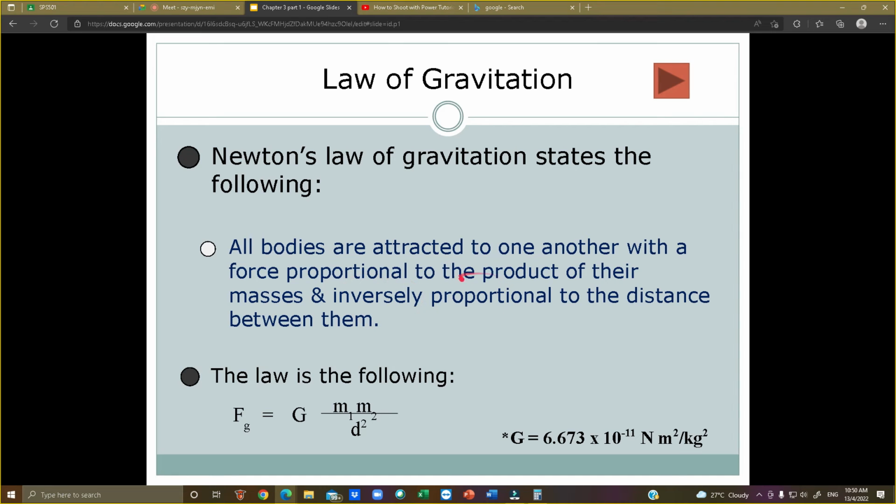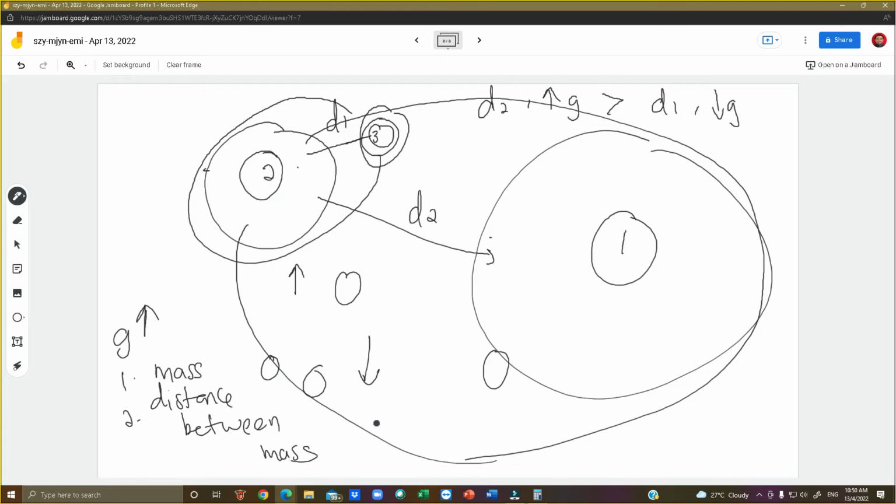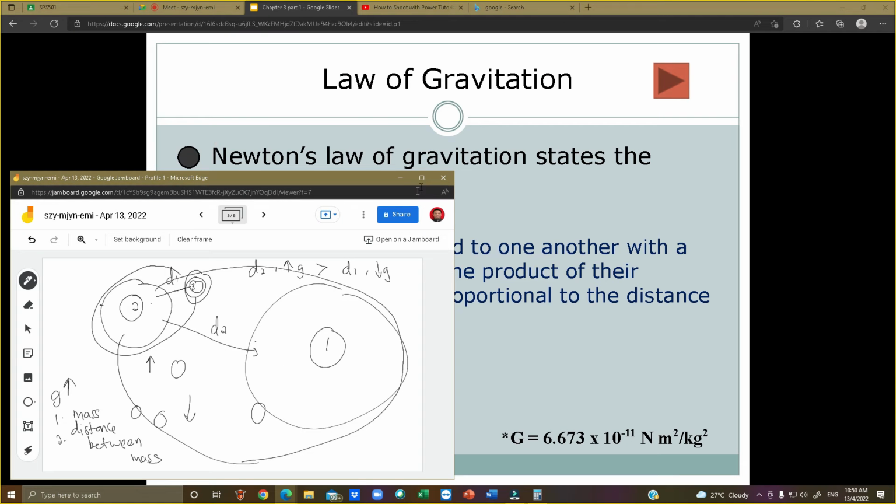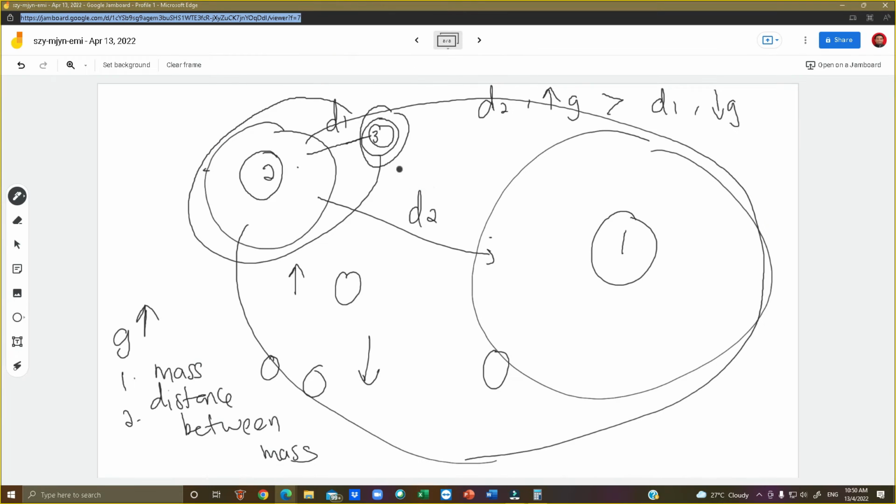Inversely proportional. Okay, so dia terbalik in term of distance, but in term of mass, it is follow. More mass, more gravitation. Lagi jauh, contoh lagi jauh, so the mass the gravitation is going to be a bit higher. So benda tu akan sentiasa berada dalam satu paksi yang sama.